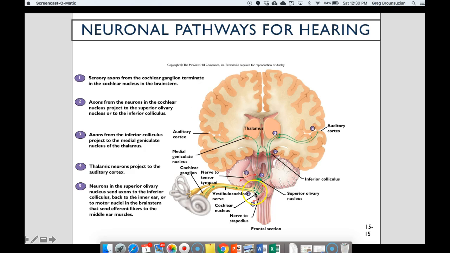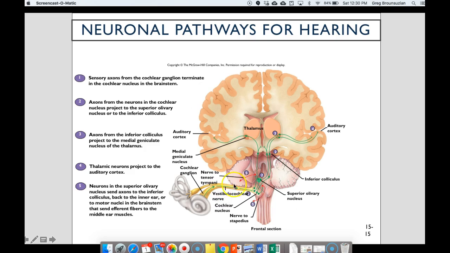From there, we have an axon that'll extend over to the superior olivary nucleus within our brainstem as well. Or we can also synapse within our inferior colliculus. From there, we are going to travel to a special nucleus within the thalamus. This is termed the medial geniculate nucleus. And from there, an axon will carry that sensory information over to our auditory cortex within our temporal lobe.